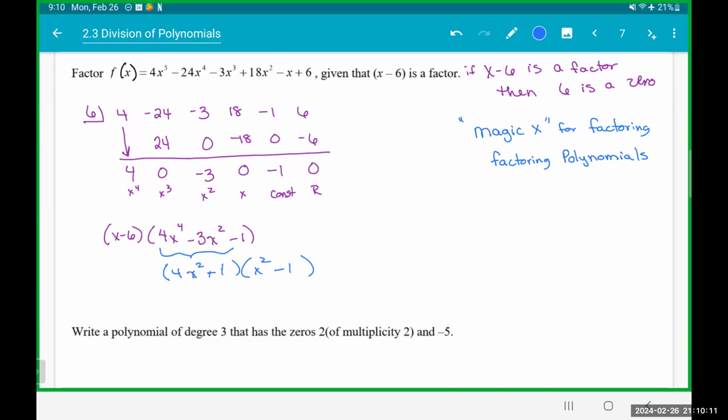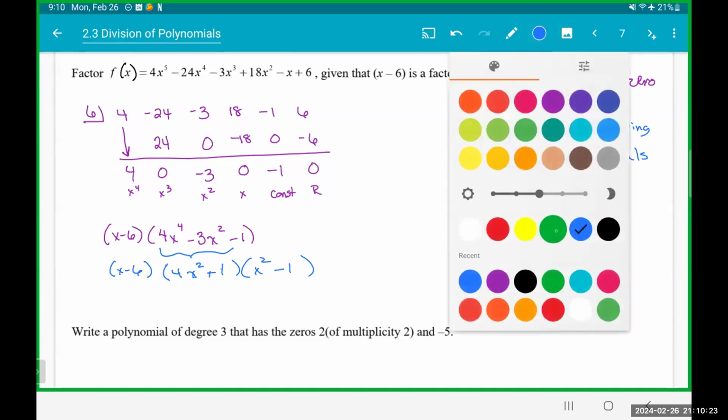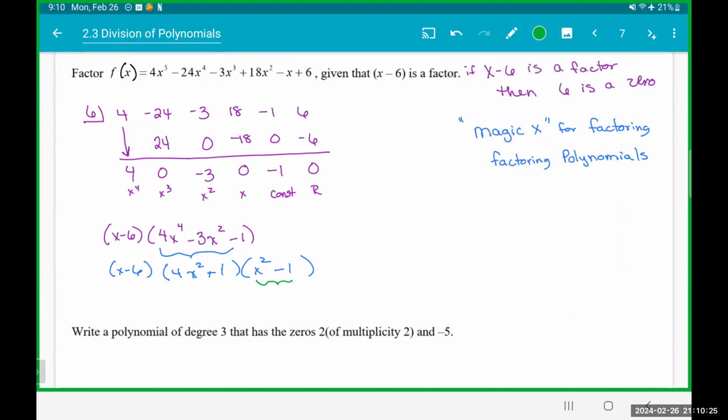And so we'll bring our x minus 6 here. The 4x squared plus 1, we can't get any smaller, but I do want to point out that this right here is really like a squared minus b squared. That's a perfect square minus a perfect square. And we can factor that as a minus b, a plus b. In this case, I have x squared minus 1 squared.